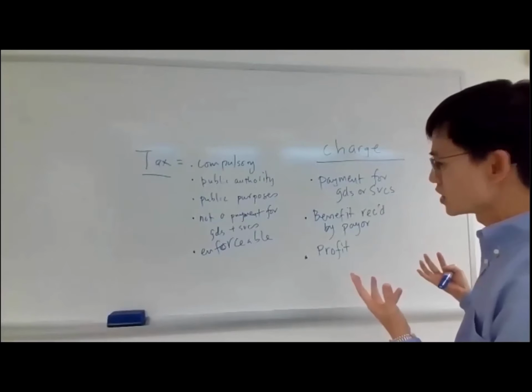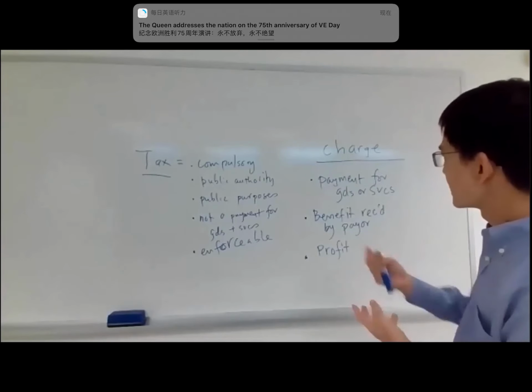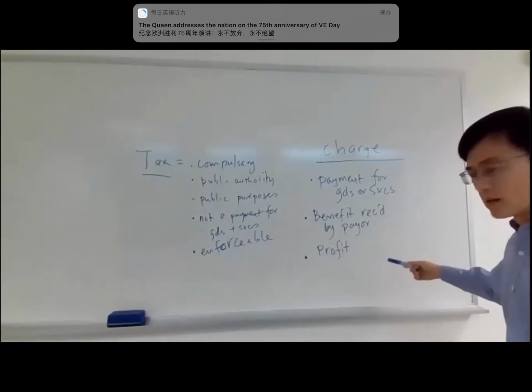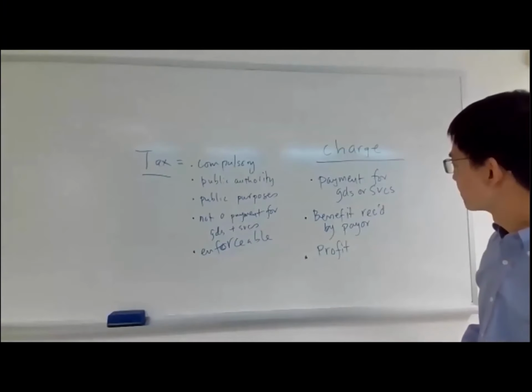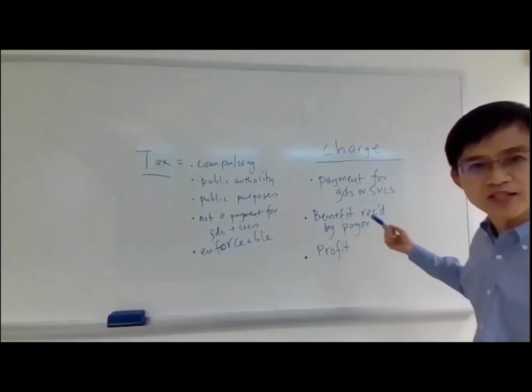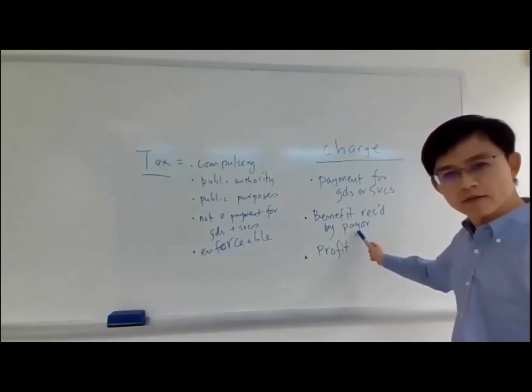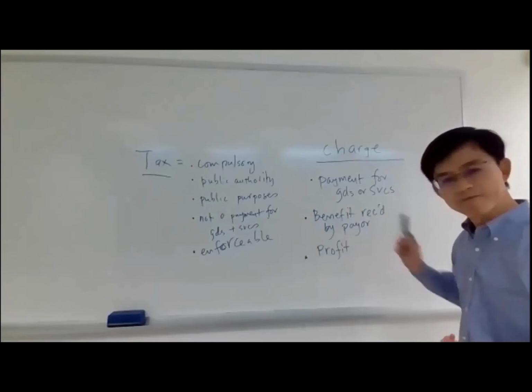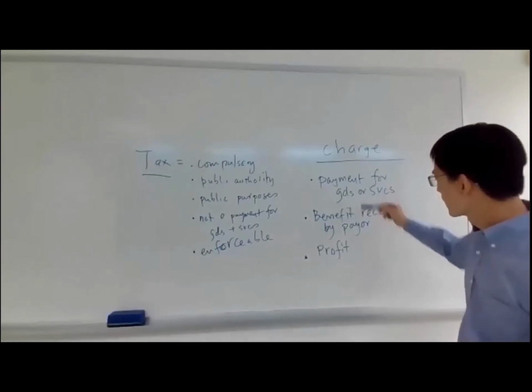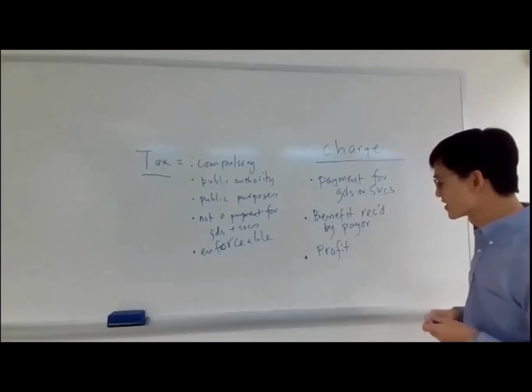So the difference between a charge and a tax is that, first, you collect payment for goods and services provided, and it's almost voluntary. You want to enjoy this benefit, you pay, and you enjoy the benefit of goods and services.